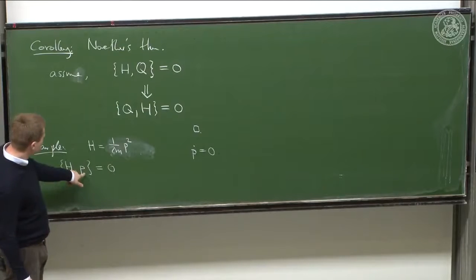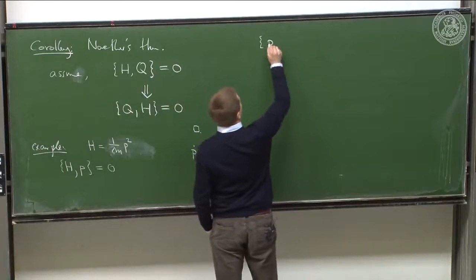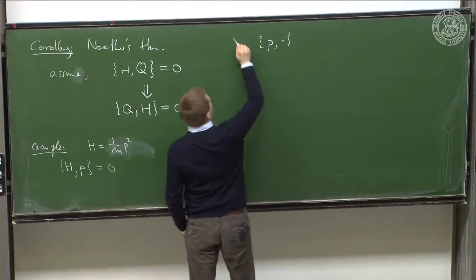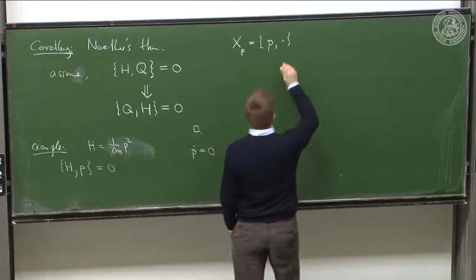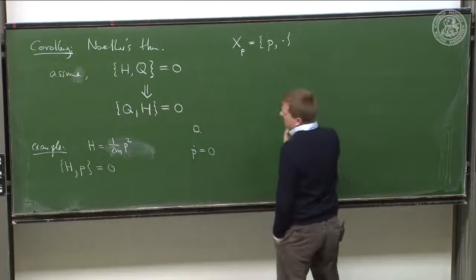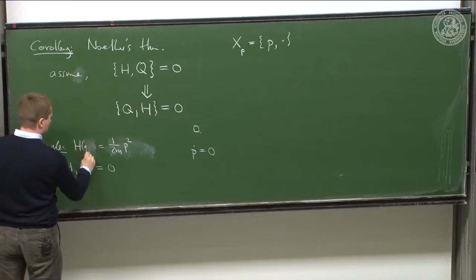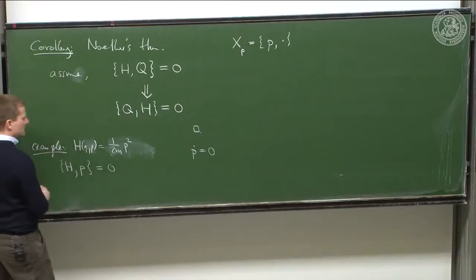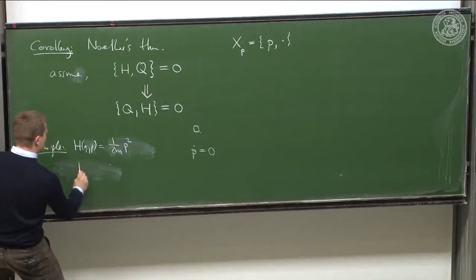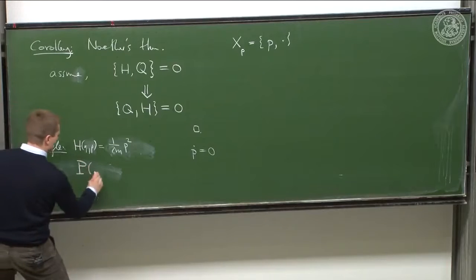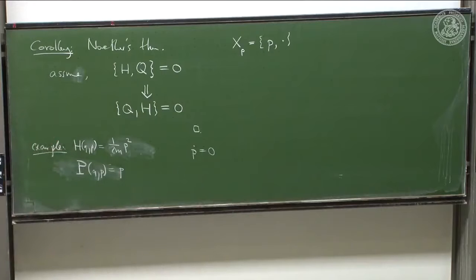However, you can also see that H is p conserved, and I would like to write down what the p conservation means. So there is this associated Hamiltonian vector field. Very strictly speaking, H is a function of the Q's and the P's. And very strictly speaking, I should introduce another observable, capital P, that is a function of the Q's and the P's and is defined as the p.